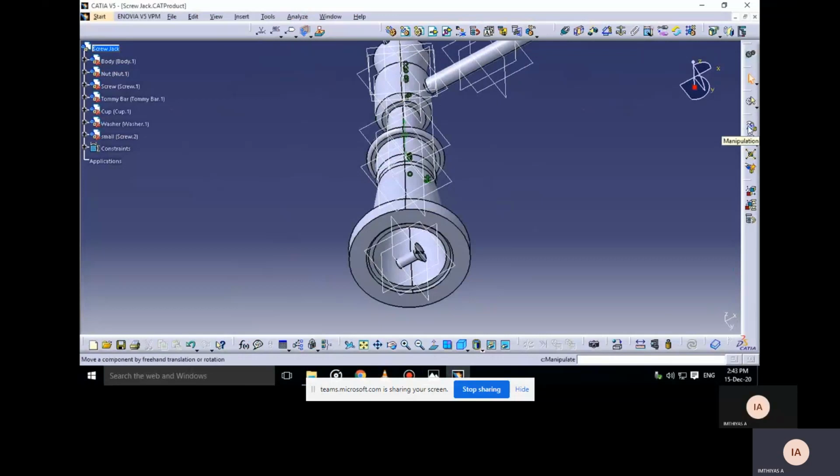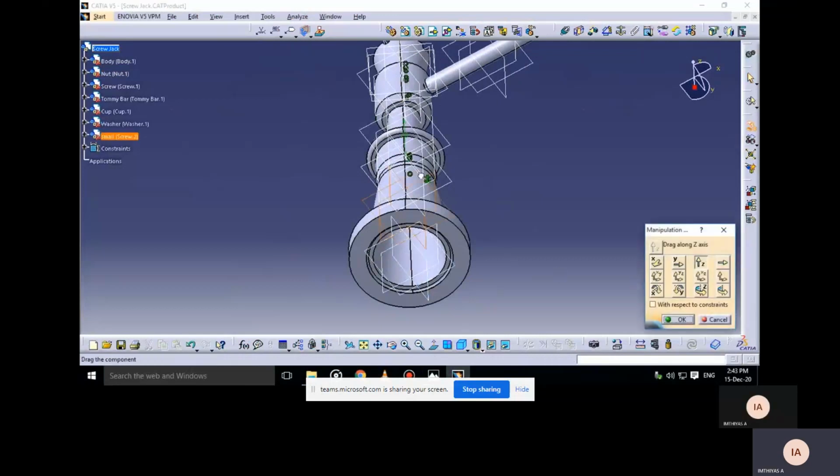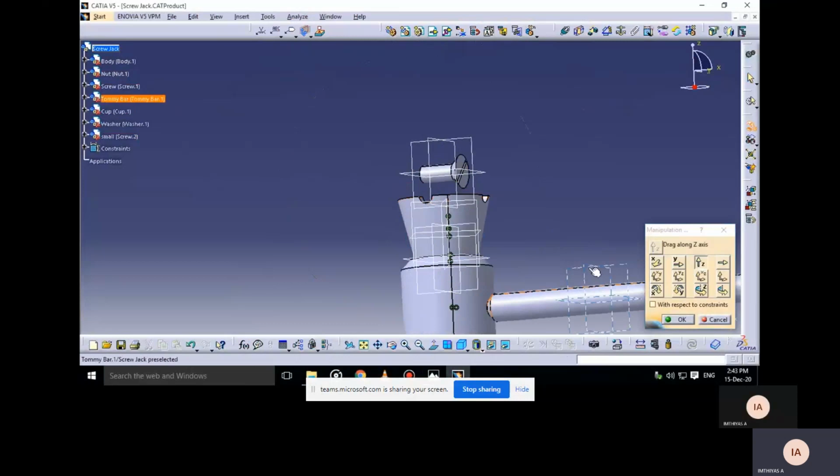By using the manipulation command, we will take the screw to the top.